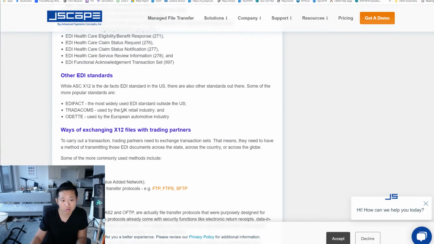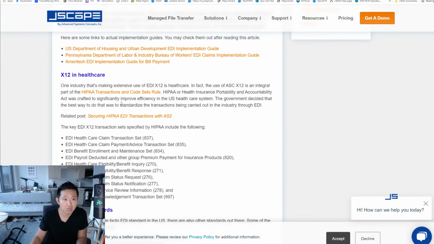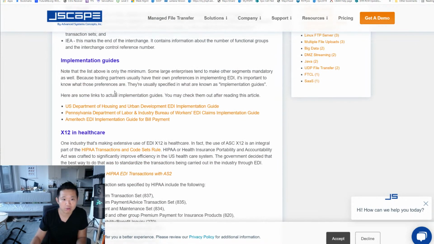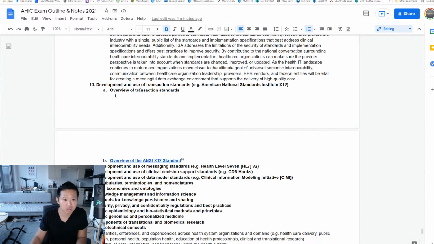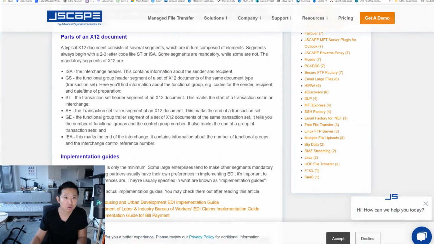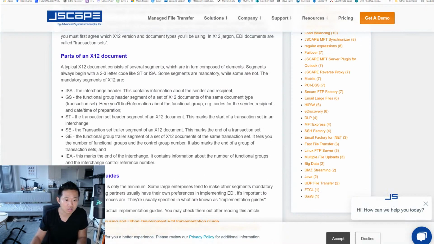Interesting. So you probably don't need to know much beyond X12 for the purposes of transaction standards. So I think a couple of things are important for this.